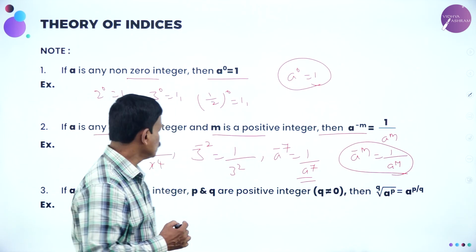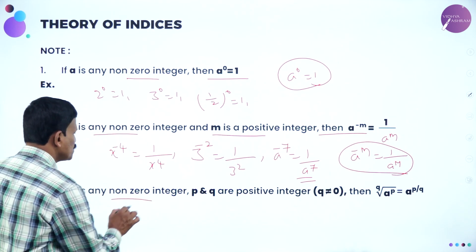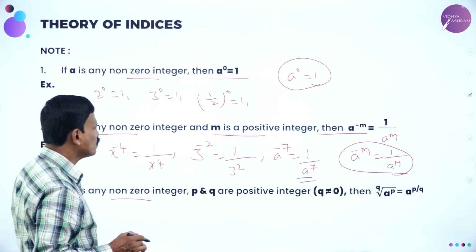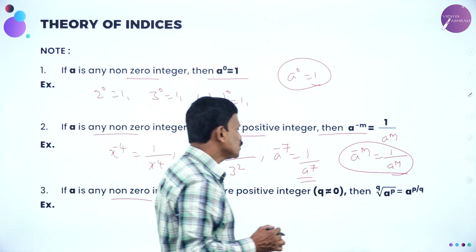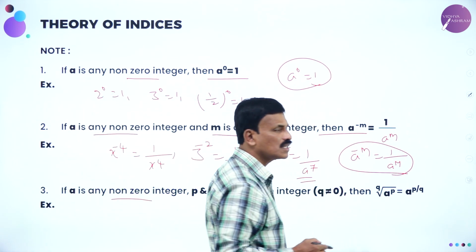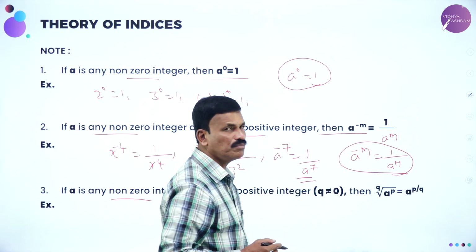Okay. Now suppose a is any non-zero integer, p and q are positive integers and q is not equal to 0, then the qth root of a to the power of p is also equal to a to the power of p by q.